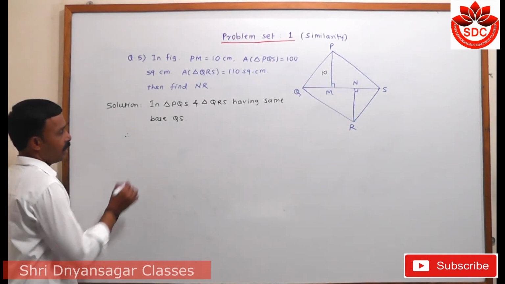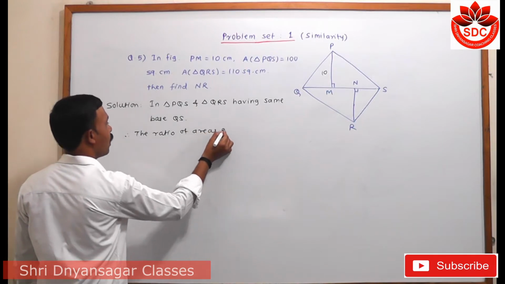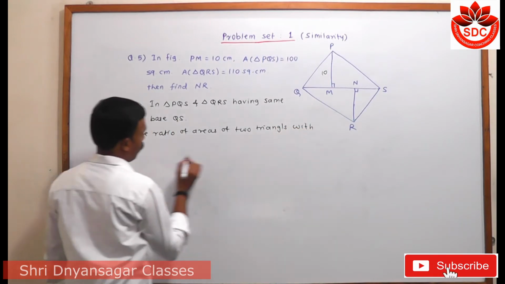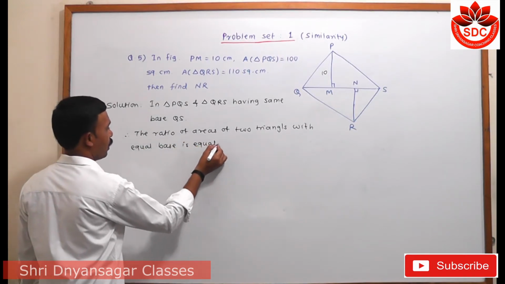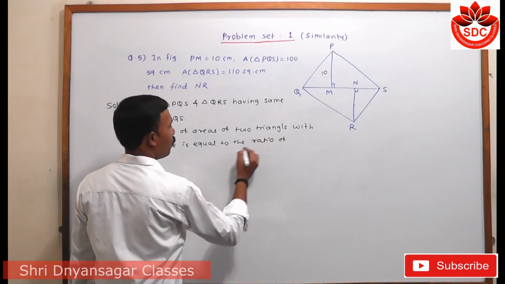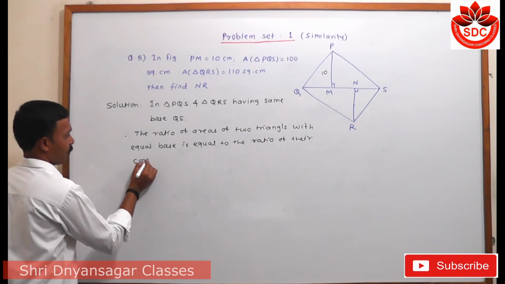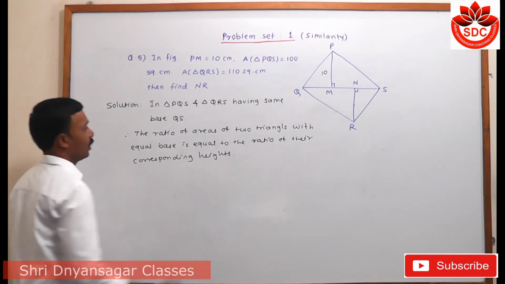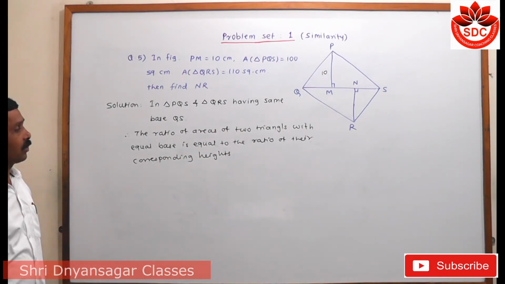Therefore, we know the property: the ratio of the areas of two triangles with equal or same base is equal to the ratio of their corresponding heights.